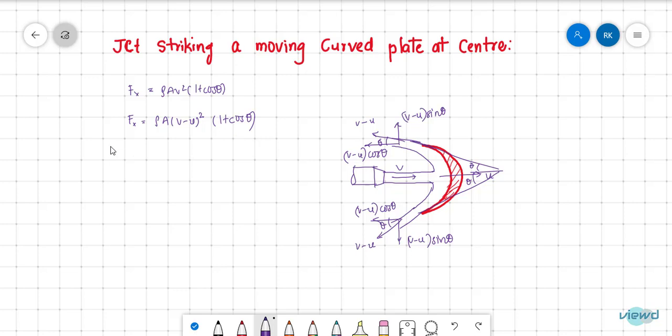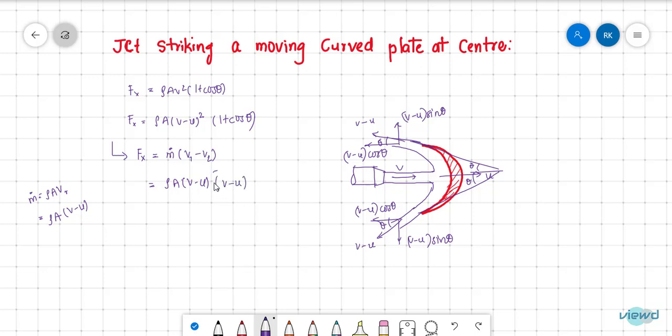If you need the proof, let me derive it. Fx is equal to m dot into (v1 minus v2), in the direction of x. M dot is equal to rho a times the relative velocity, so rho a (v minus u). With what velocity is it striking, v1? That is v minus u.